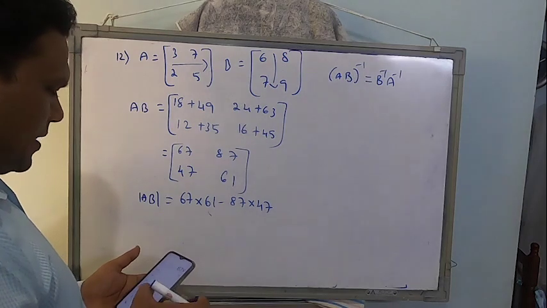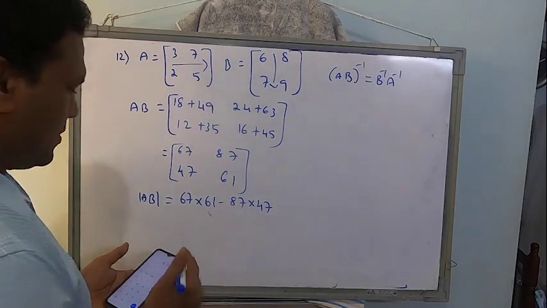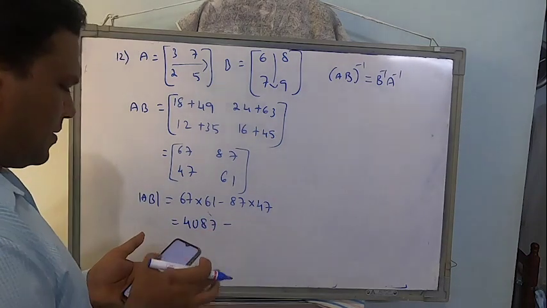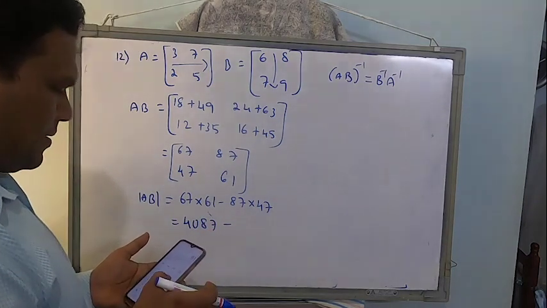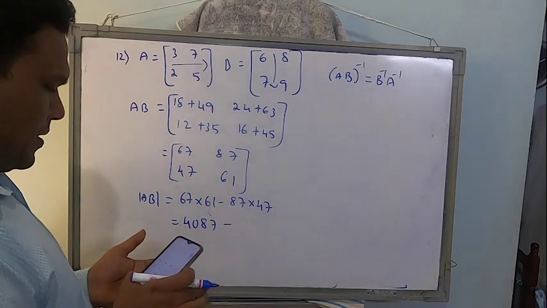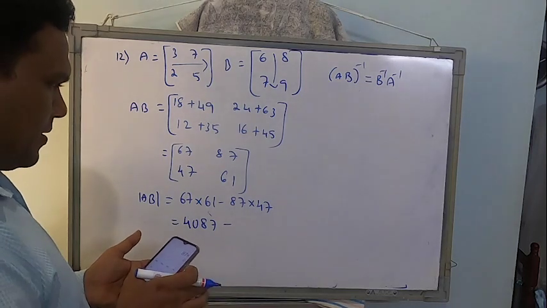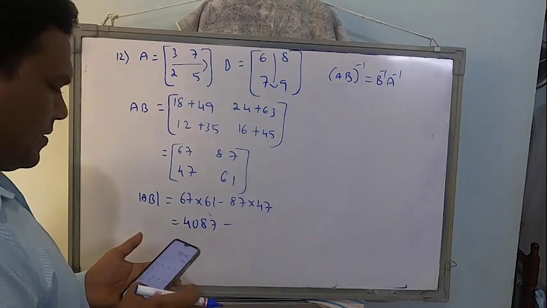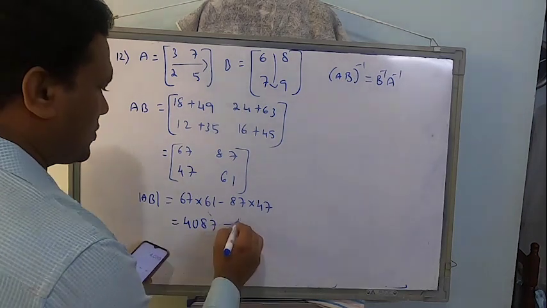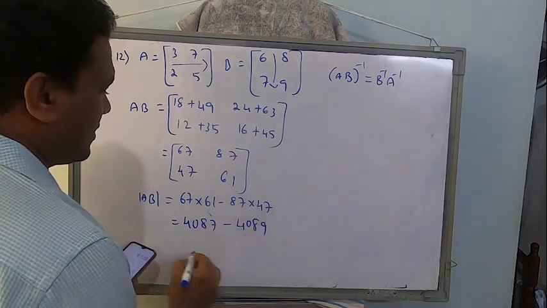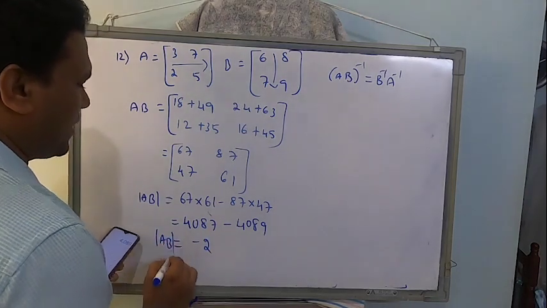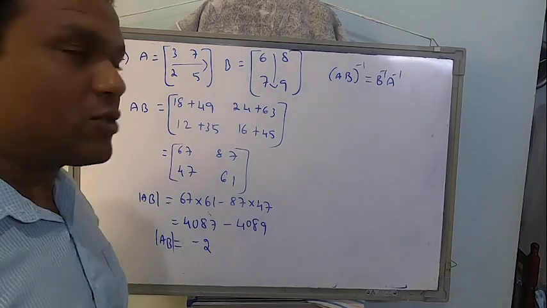So 67 multiplied by 61, this is 4087, and 87 multiplied by 47 is 4089. So what's the value will be then? Minus 2. The value of determinant of AB. Correct. Okay. Now what is that I should find?